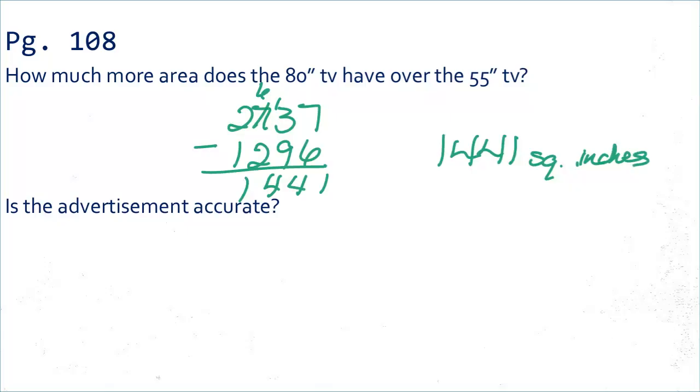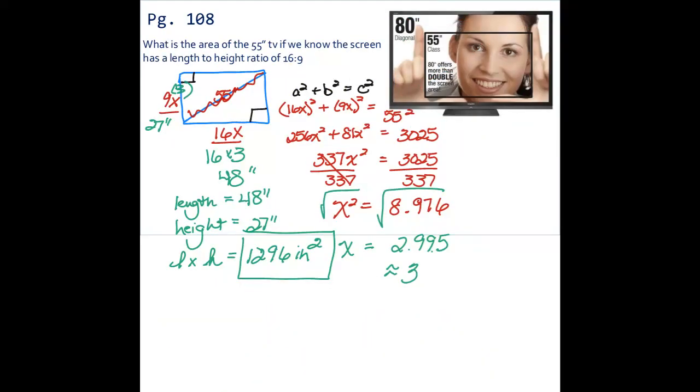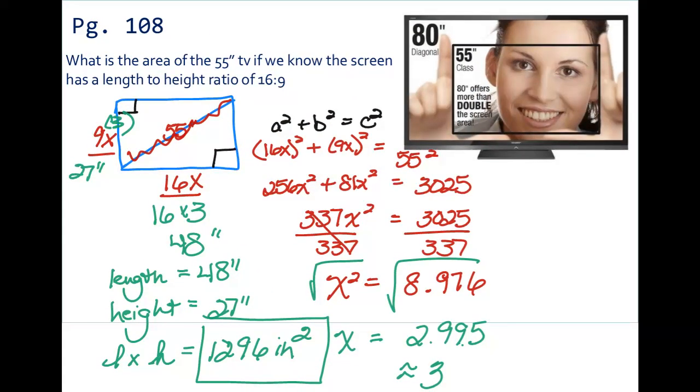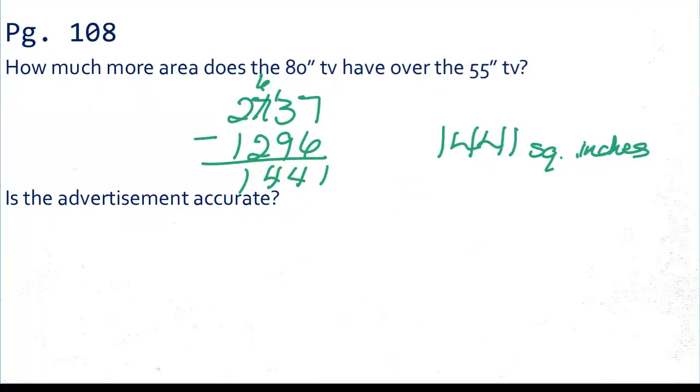So, is the advertisement accurate? Wow, let's take a look. It says the 80-inch offers more than double the screen area. It's saying it has more than two times the screen area of the 55-inch. Well, the 55-inch was 1296.